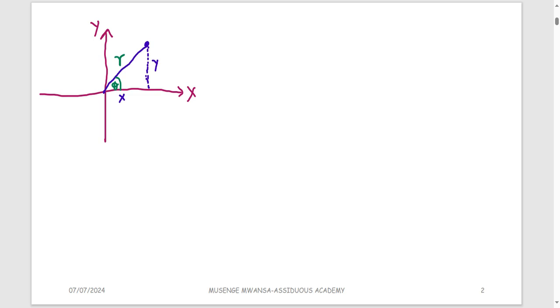So from it, let's use the Pythagoras theorem. If you get x, you square it, plus y squared, it's going to give you the resultant squared. Two sides squared and added give you the square of the hypotenuse. But now let's deal with sine. The angle we are dealing with here is theta.